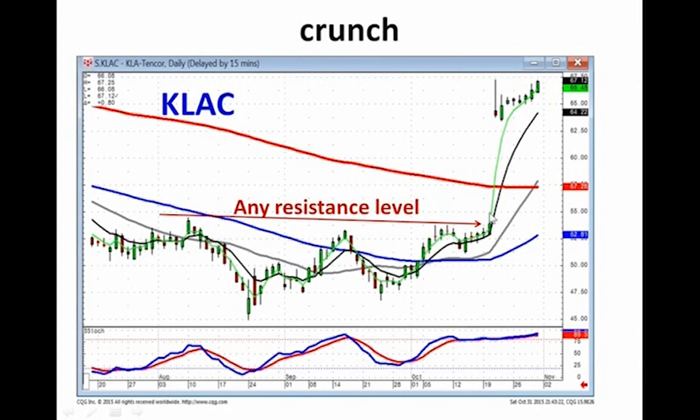So a T-line crunch can still work effectively based upon any type of setup for a resistance level. So in this case, we could kind of see there was a trading trend level, and we saw a buy signal.